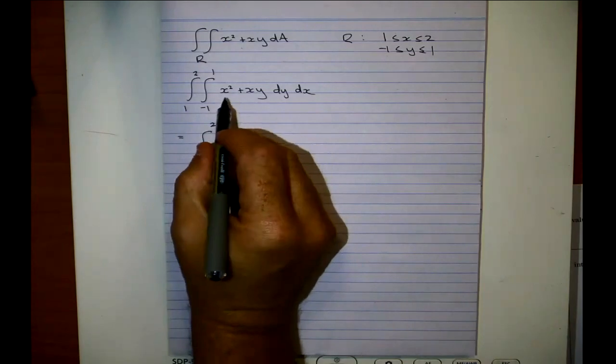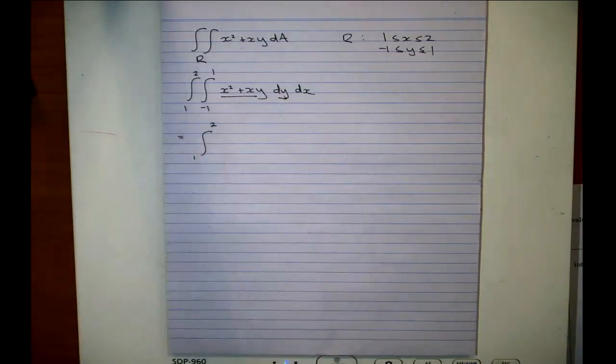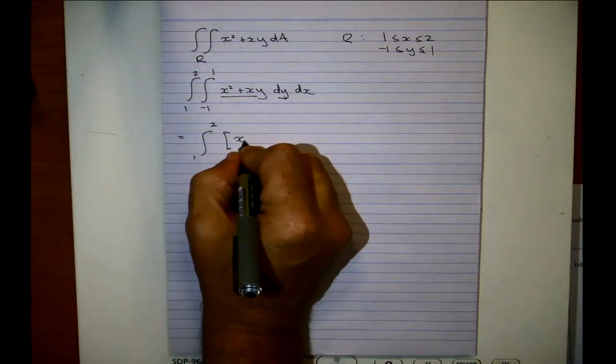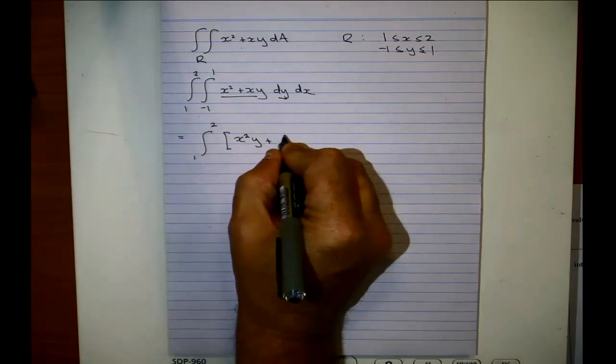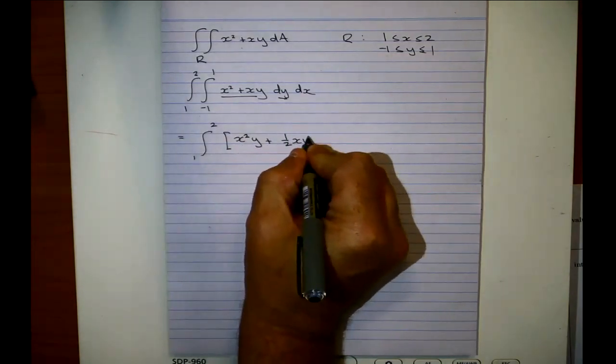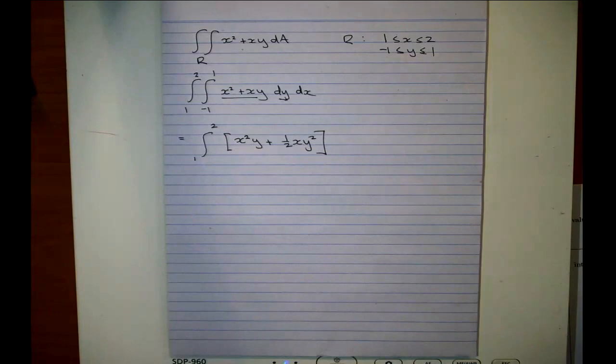What I then do is integrate this with respect to y. So in my mind, I imagine that's a constant plus a constant times y. Imagine the x is a constant that comes along for the ride. So hopefully without too much thought, you get that.